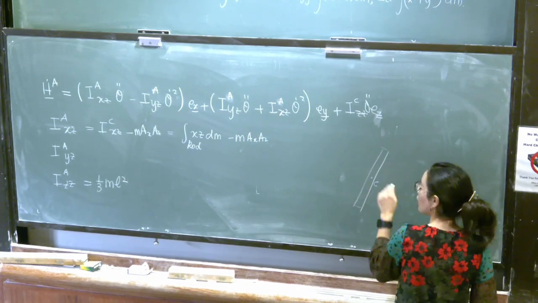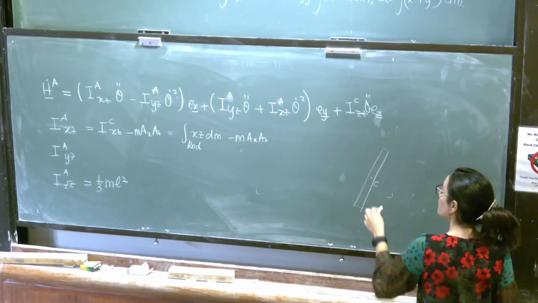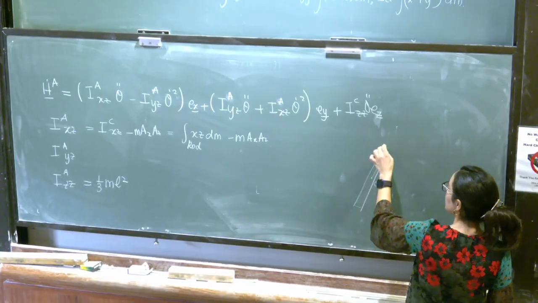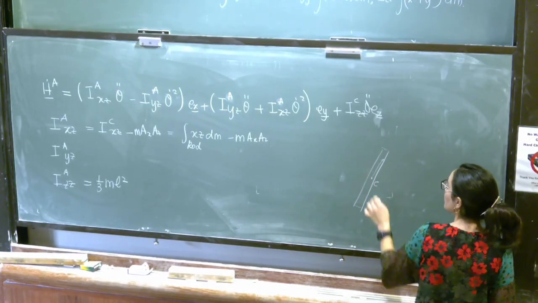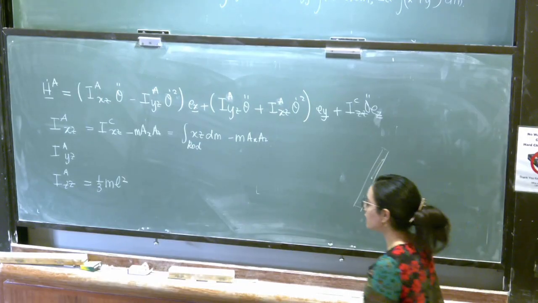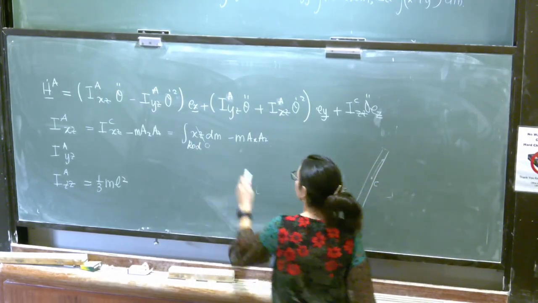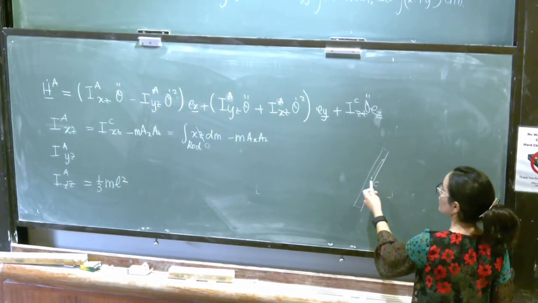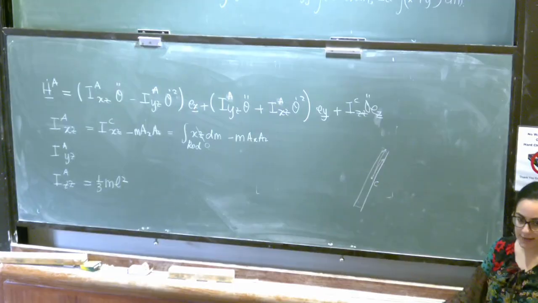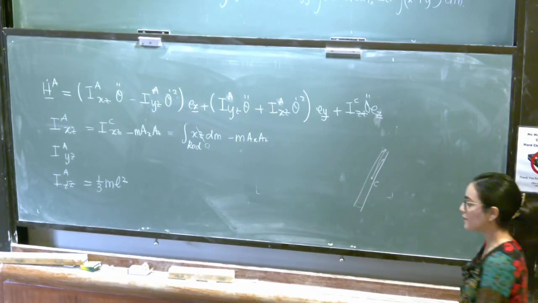So for the rod, this is the center of mass C. This is the position vector of all points on the rod. EZ is out of the page. So what is the Z coordinate of all the points on the rod? Almost 0. So this is 0. Also AZ is 0 because the Z coordinate of this vector, which has coordinates AX EX plus AY EY plus AZ EZ, has AZ equal to 0.